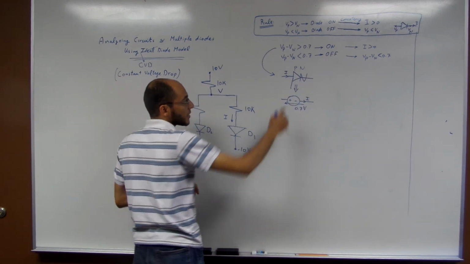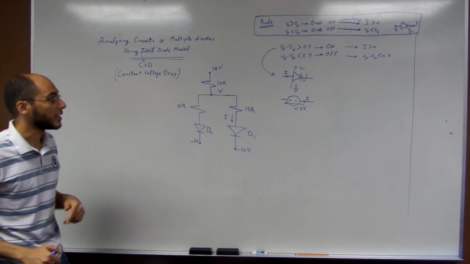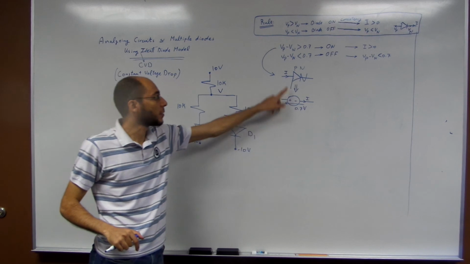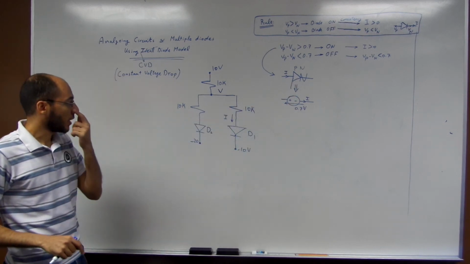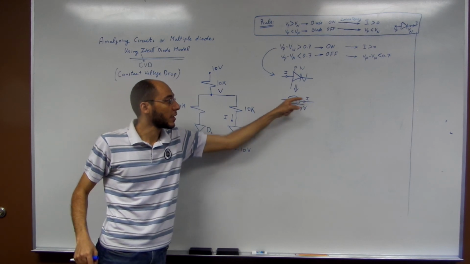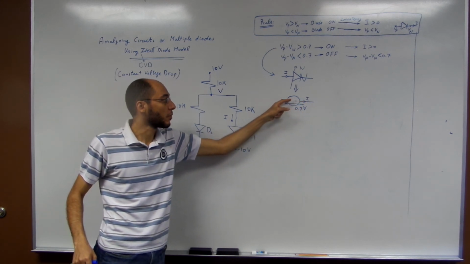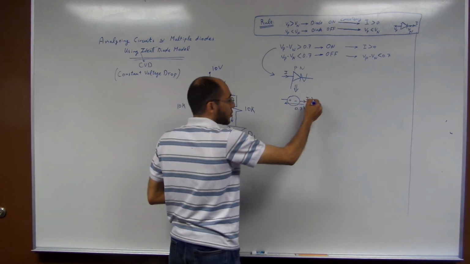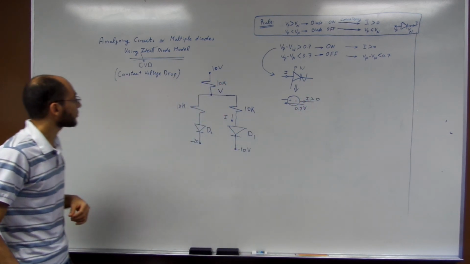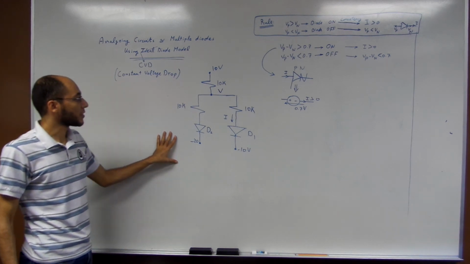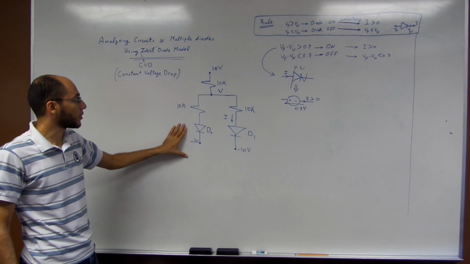That's an easy way to remember the polarity of the diode. The value of this battery is 0.7. And the current is defined as passing from the positive to the negative, and its value has to be larger than 0.